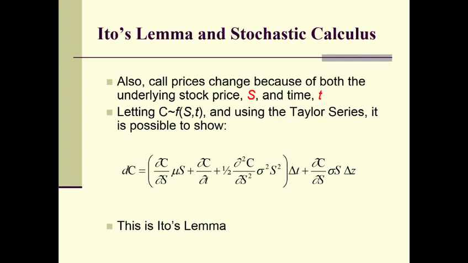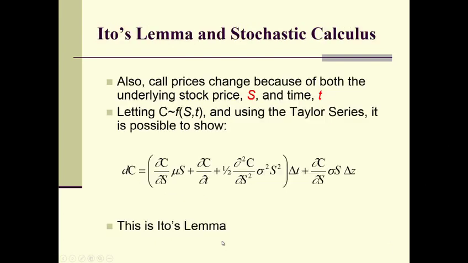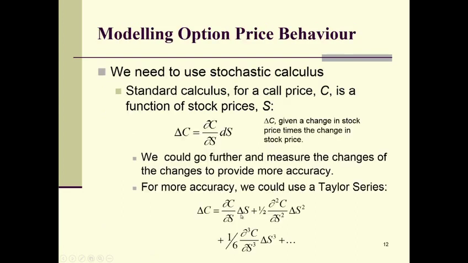So what is Ito's lemma? Ito's lemma is simply the method to calculate the differential of a function of a stochastic process, using the Taylor series. You can see that this is the Taylor series up to the second order from the preceding slide. In the preceding slide, we looked at the change in a call as a function of time.